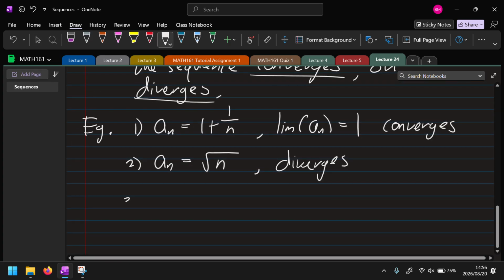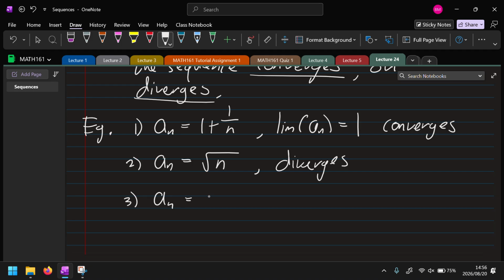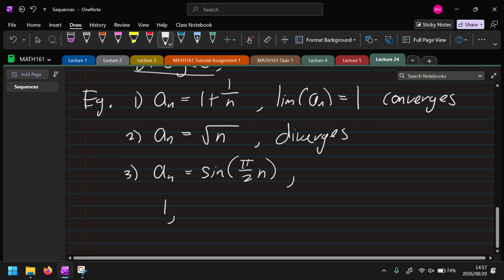Okay, and example 3, a_n equals sine of pi over 2 n. We want n goes to infinity. So let's see what happens. When n is 1, we get sine of pi over 2. What is that? Special angle, 90 degrees. It's 1. And then let's say n is 2.